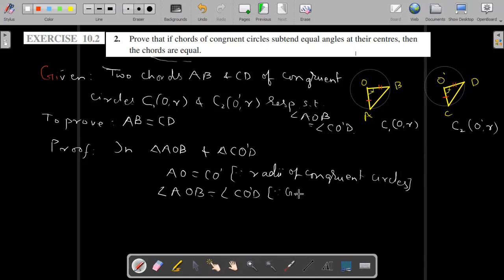Because it is given that the angles are equal. Then the third side OB is equal to O dash D. This is also equal because these two are the radii of congruent circles.